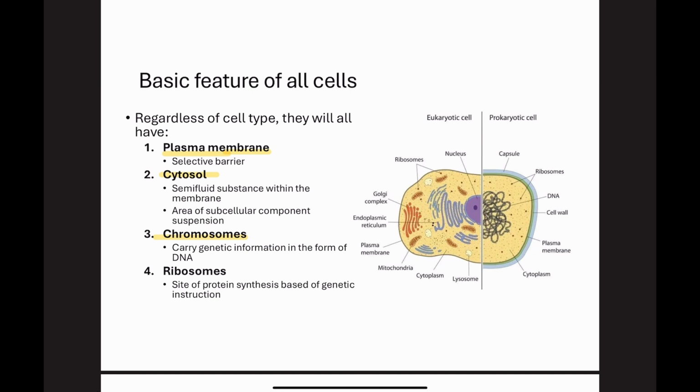So we're also going to find ribosomes in all of our cells. This is because ribosomes are the site of protein synthesis. They are essential for producing the proteins that are needed for cell survival, whether it's eukaryotes or prokaryotes. So all four of these features are going to be present in both our prokaryotic and eukaryotic cells, and it's going to form the foundation of all life.